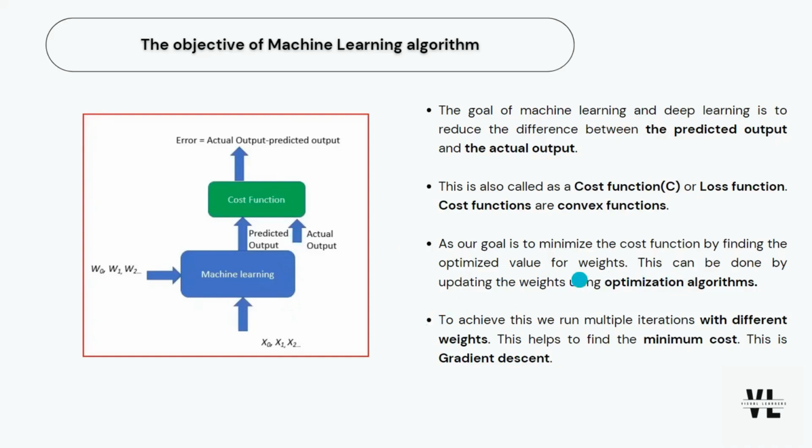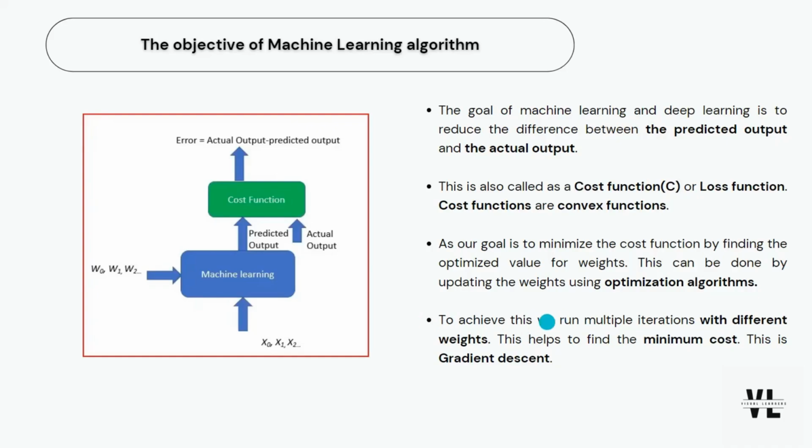And the goal of the optimization algorithms is basically to use computed gradients and update the weights so that we change the randomly initialized weights until we find the best weights to produce a cost function with less error.